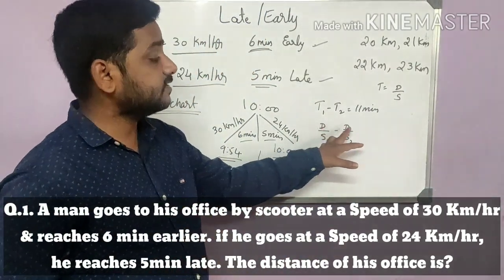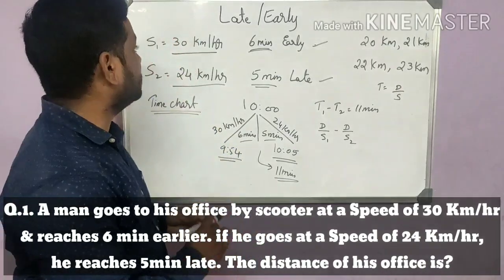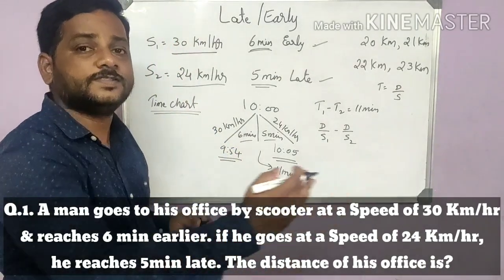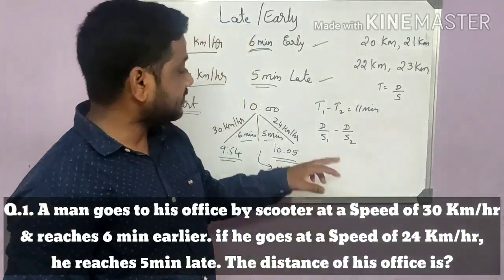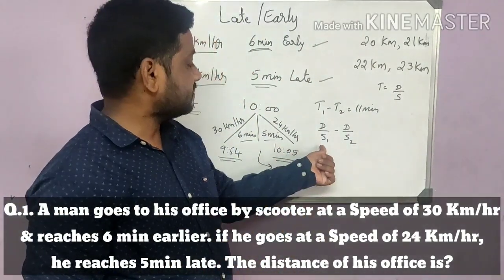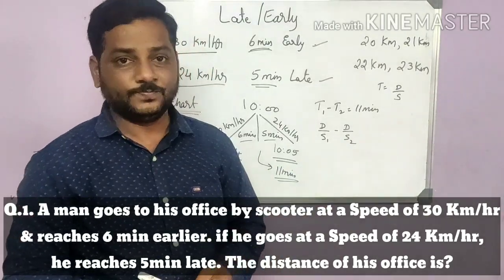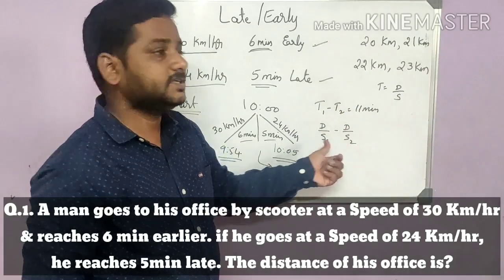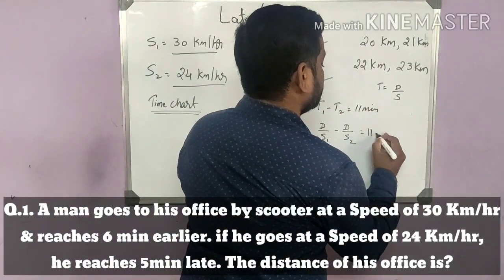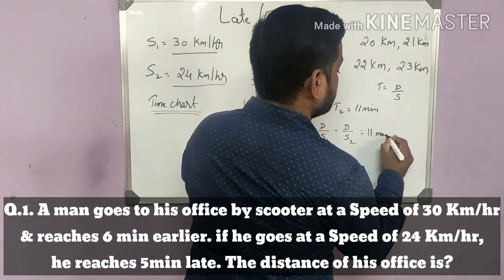I have not mentioned D1 and D2 because I know that the distance between the home and office is the same. Only the speeds have changed, so the time has changed. So I will take the distance as D, whereas speed is different, so I am taking S1 and S2. So T1 can be written as D by S1, T2 can be written as D by S2. That difference is 11 minutes.